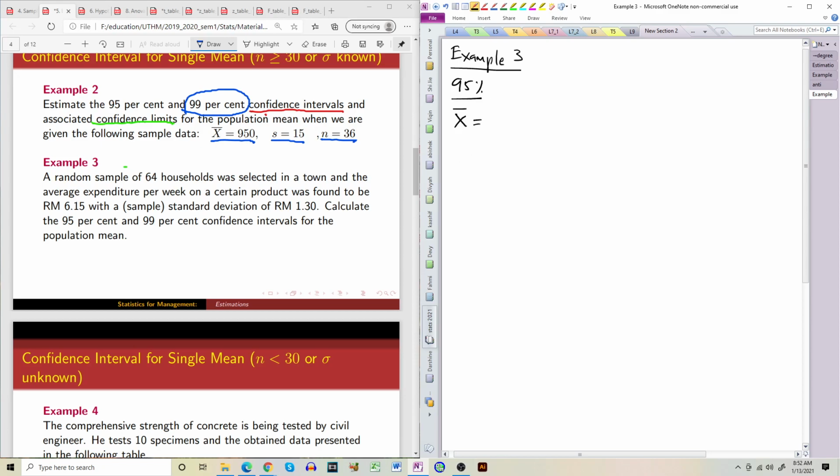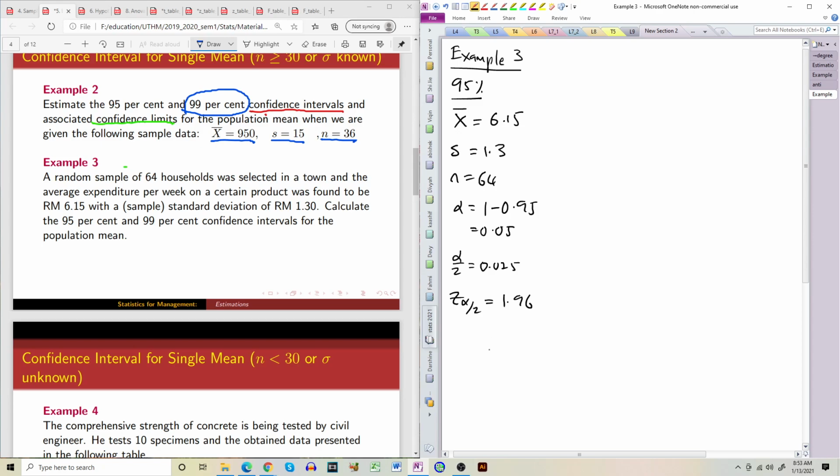My x bar is 6.15. Average, average is the mean. Standard deviation, my s is 1.3 and my n is 64. My alpha is 1 minus 0.95. And we have seen this is 1.96. We have done this before.